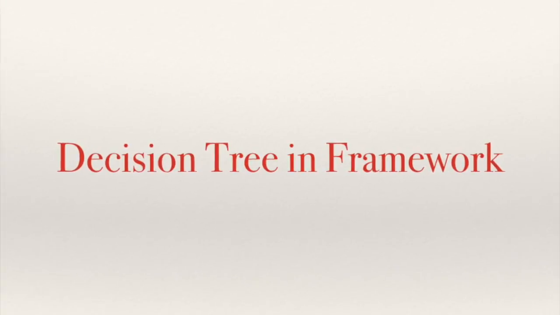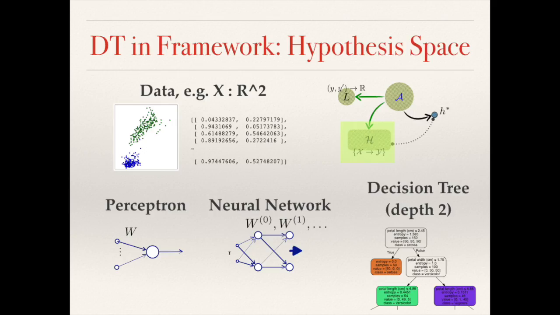And now let's have a look at the decision trees in the learning framework. Remember the models we have learned, like perceptron and neural networks, all have some parameters within the model, which are used to combine with the attributes of the data.